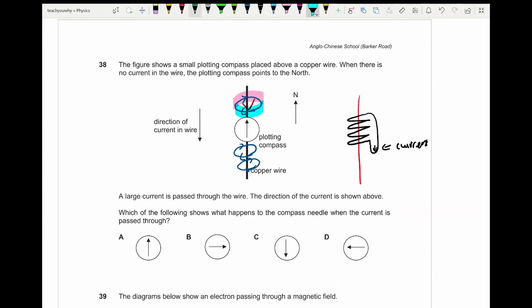So here, I put a dotted line and this one is in front. Okay, 3D view. So what will happen is that the compass will tilt in this direction to meet this direction. Therefore, my answer is D.